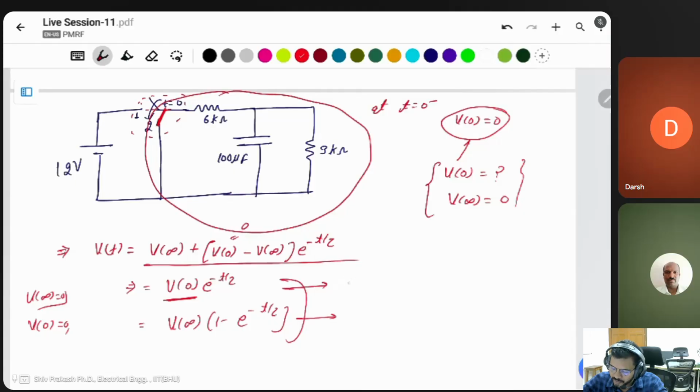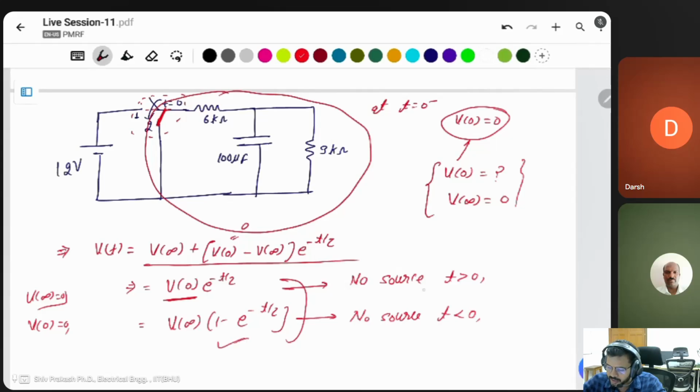After t equals 0, there is no source. If t is less than 0 there is no source, it means the source is available after t equals 0, then you can directly use this formula.